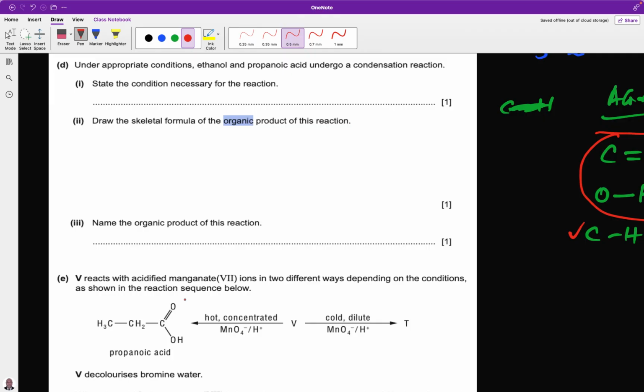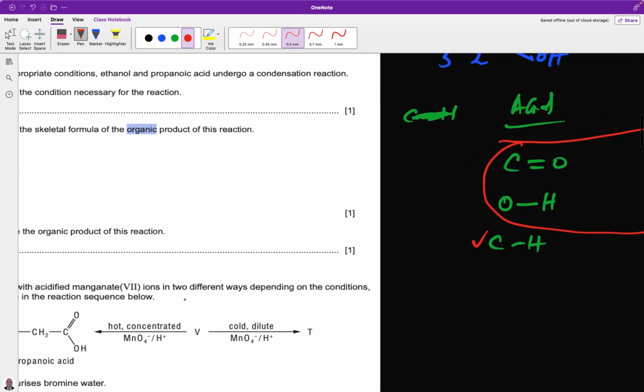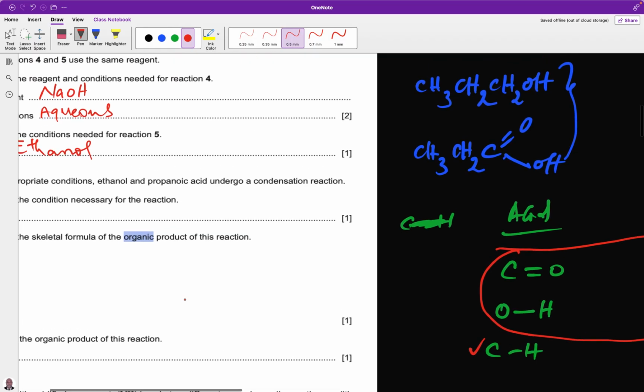When ethanol and propanoic acid react, a molecule of water is removed. That is esterification, in which an ester is produced when a molecule of water is released. For esterification to take place, there are some necessary conditions.